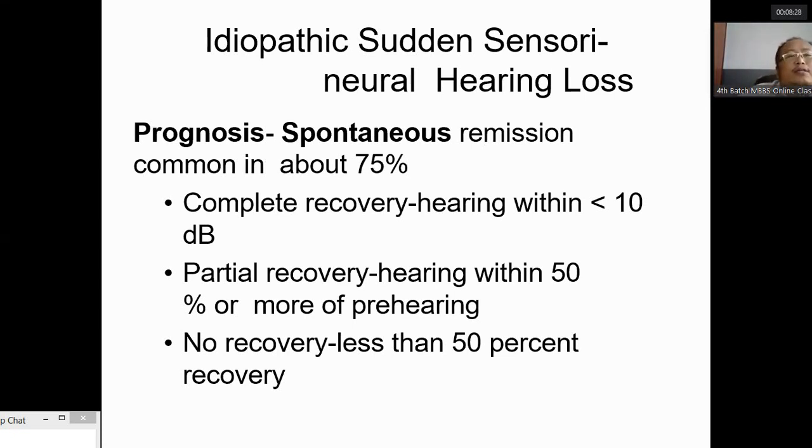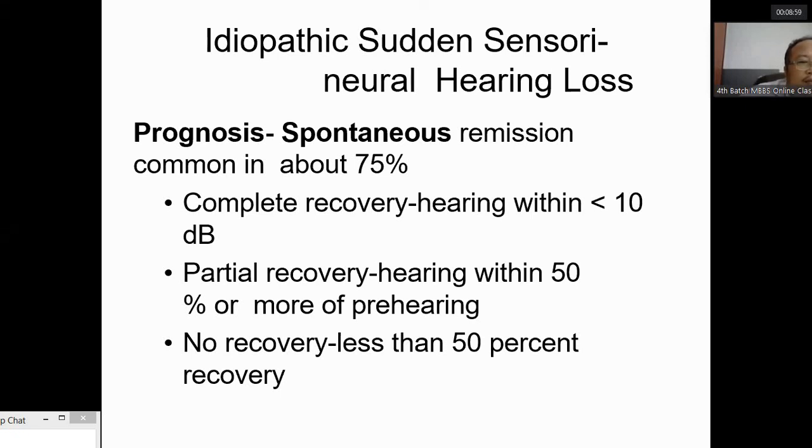What happens to the patients after developing the sudden sensory hearing loss? If the patient comes to the ENT doctor within 72 hours, there is a high chance of remission, about 75% in some institutes or in some articles.